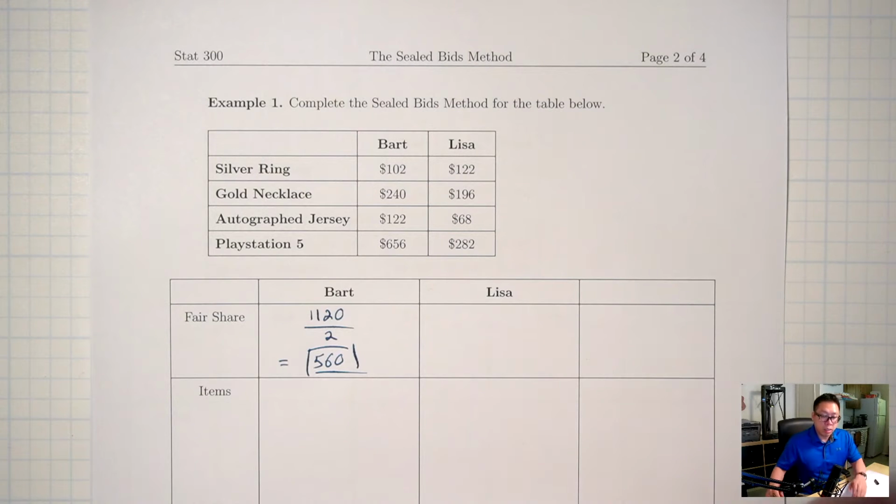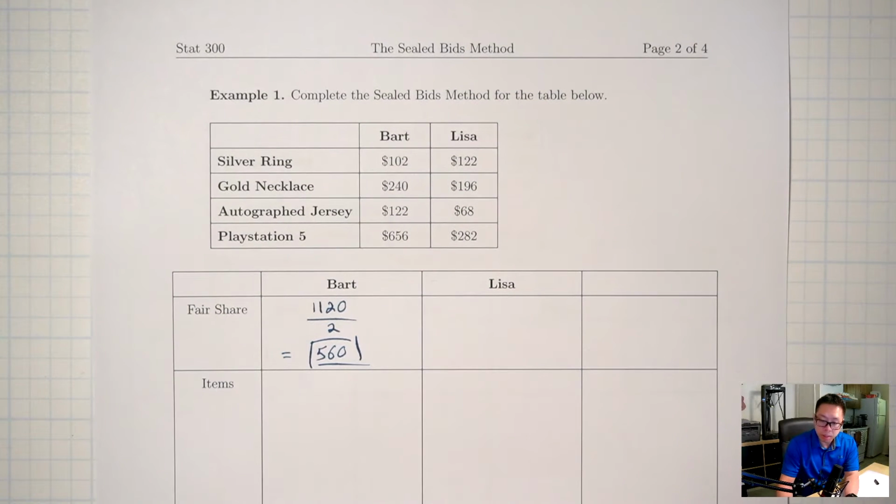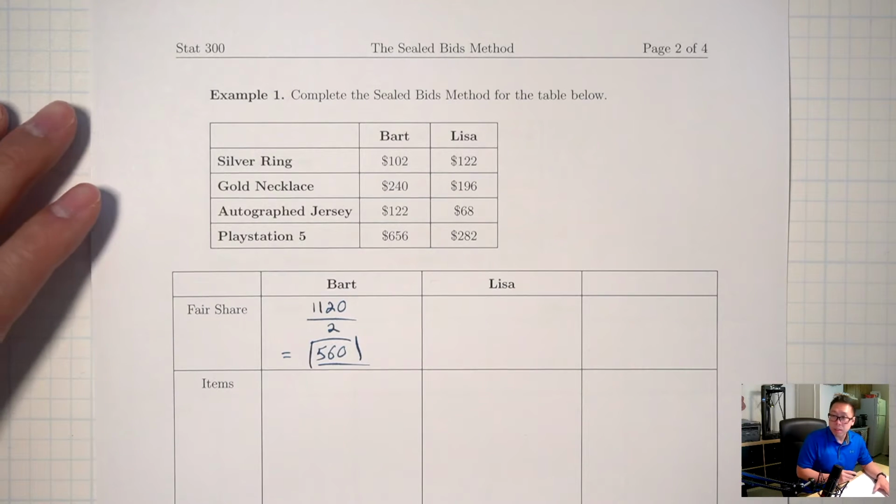So Lisa, in her eyes, the items together are worth 122 plus 196 plus 68 plus 282. 668.